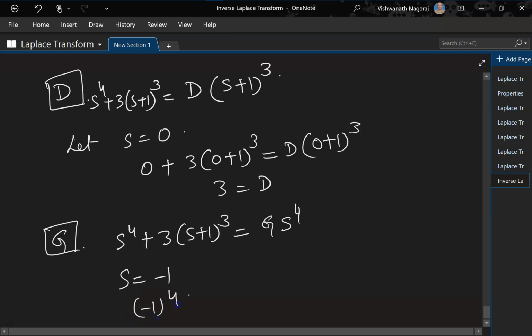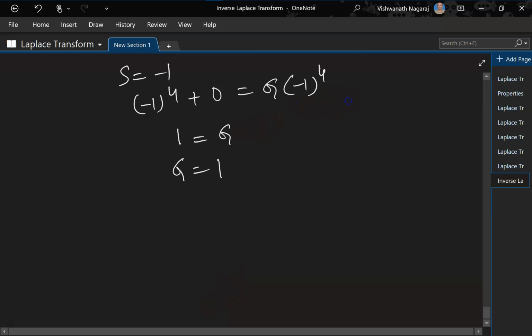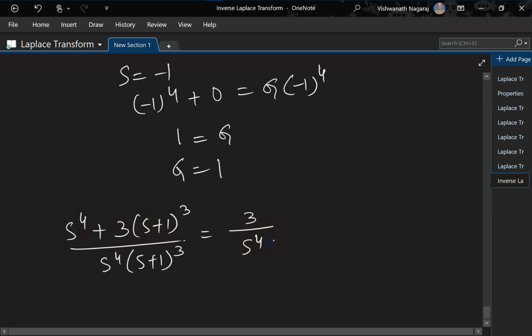So (minus 1) to the power of 4 plus this will become 0. Minus 1 plus 1 is 0, is equal to g times (minus 1)^4, which means it is even power. So 1 is equal to g. So g is equal to 1, d is equal to 3. So our function becomes 3 by s to the power of 4 plus 1 by (s + 1) cube.